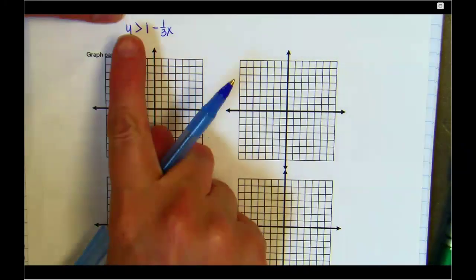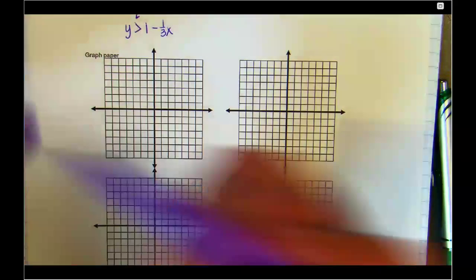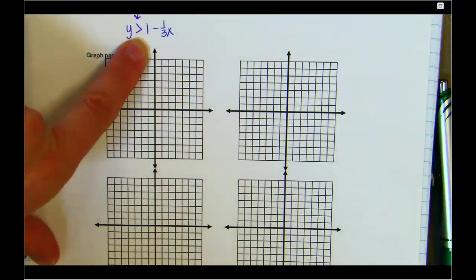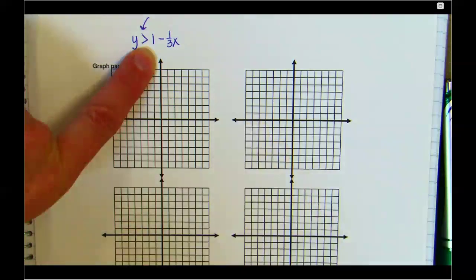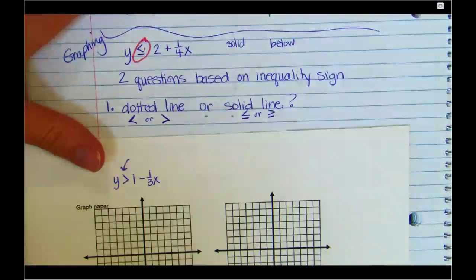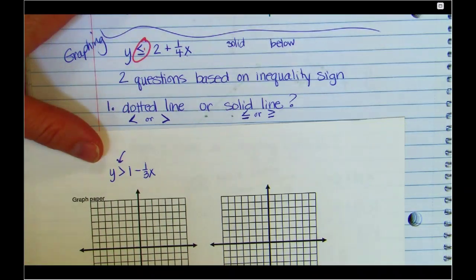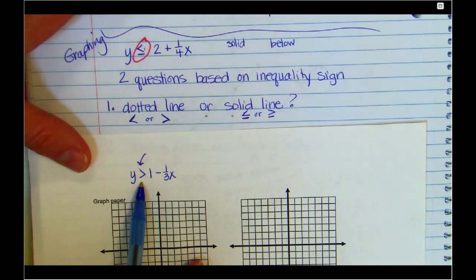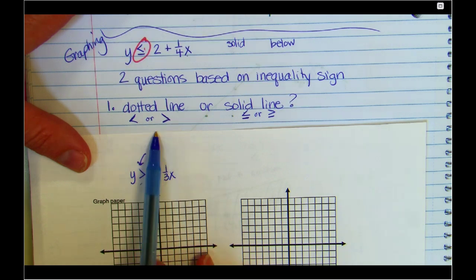So always start by looking at this sign and deciding. First question, is this going to be a dotted line or a solid line? Look back in your notes. That's the first question right here. So if we're graphing y is greater than, is that going to be a dotted line or a solid line?